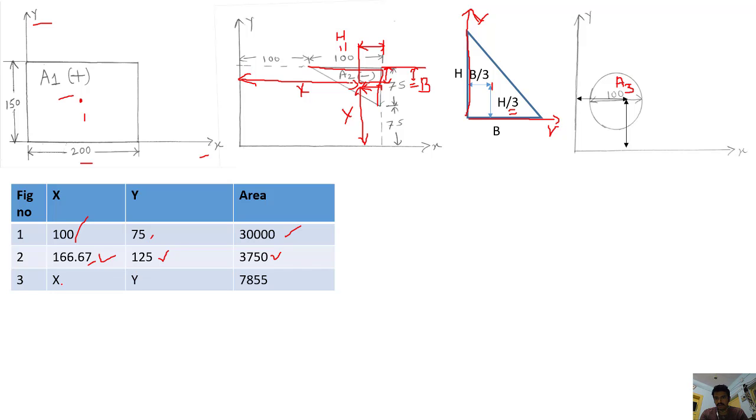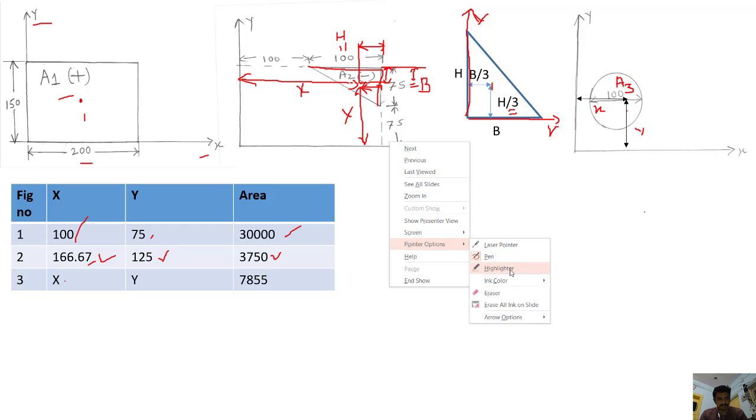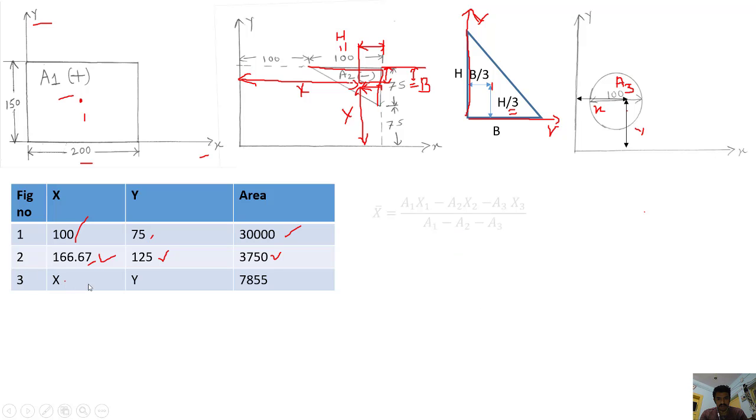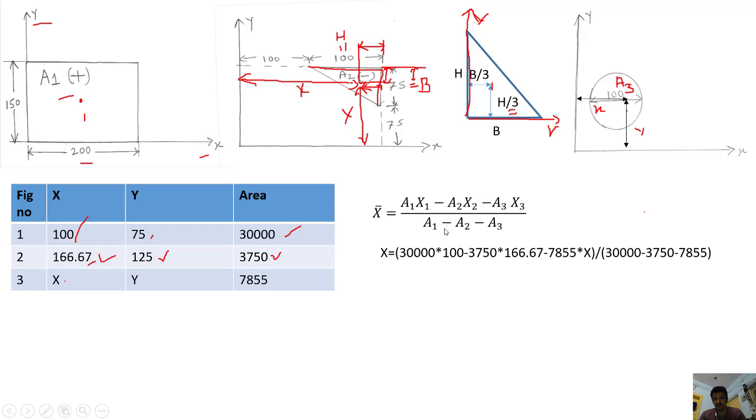Now here we don't know the x distance for the center of that circle as well as the y distance. We don't know this x and y, so it will simply be x and y here. So again, using the formula A1x1 minus A2x2 minus A3x3 divided by A1 minus A2 minus A3.